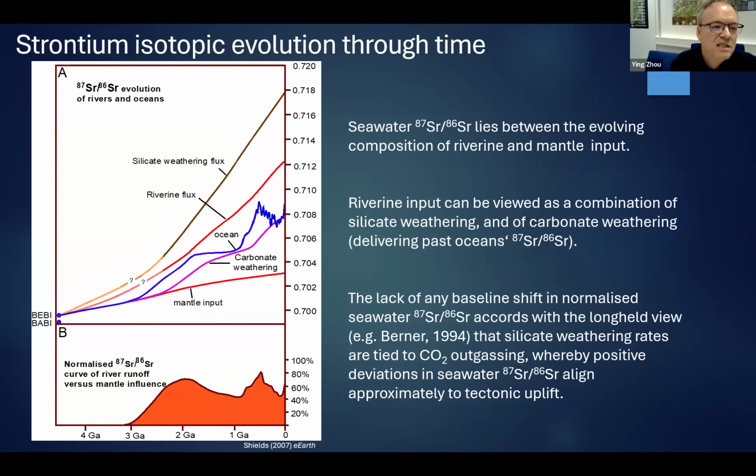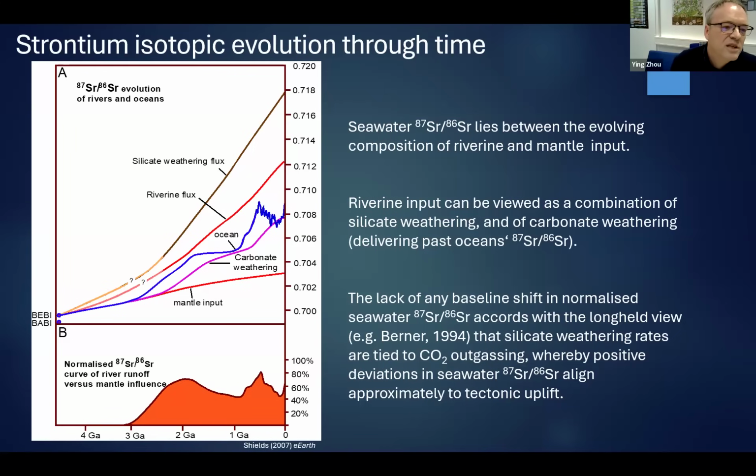So if we take the ideal silicate weathering flux and the ideal carbonate weathering flux, we can recreate an ideal riverine flux. But this is ideal. None of this is actually measured, and so a word of caution needs to be applied here.